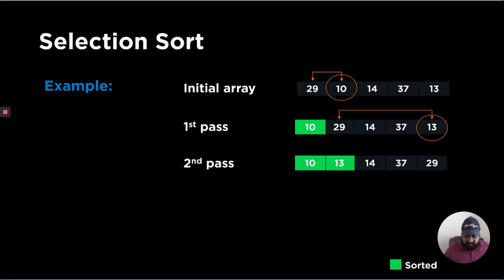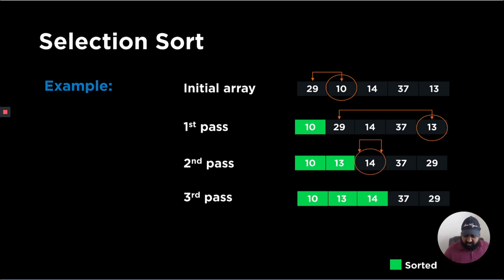as you can see. Next, we are going to again find the minimum in these elements, which is now 13. Since it's already at its correct position because we have to move that to the third place, our next pass would look something like this, where there won't be any swaps, but instead we'll move to the fourth pass. In the fourth pass, we'll again find the minimum out of the remaining ones.